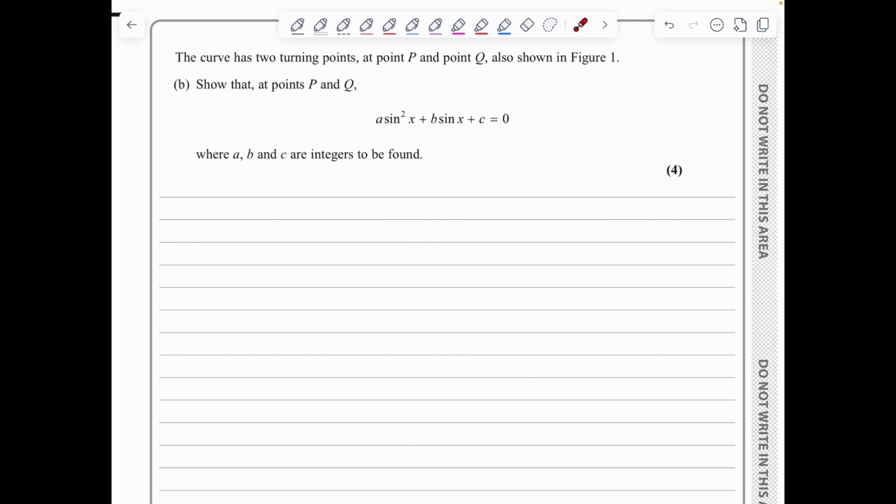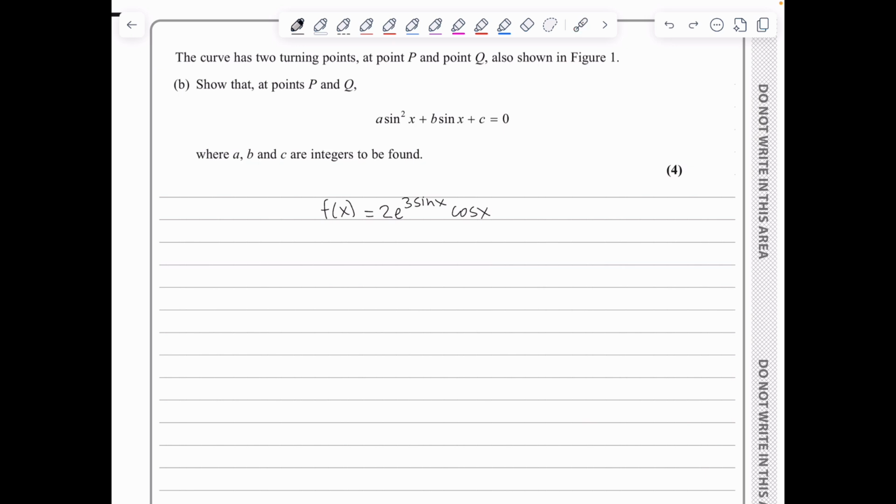We are then told that the curve has two turning points at points P and Q, and we need to show that at these points we're satisfying the given trigonometric equation for A, B, C being integers to be found. Well, let's start by reminding ourselves of the expression for f of x, and we know that for turning points we need an expression for the derivative f dash of x.